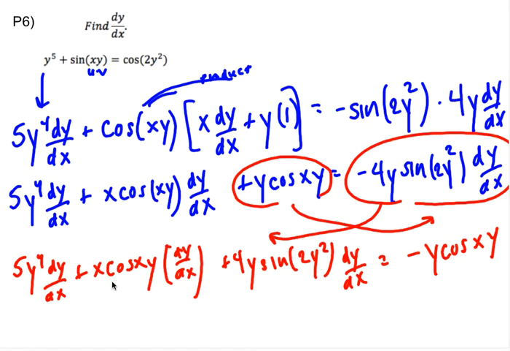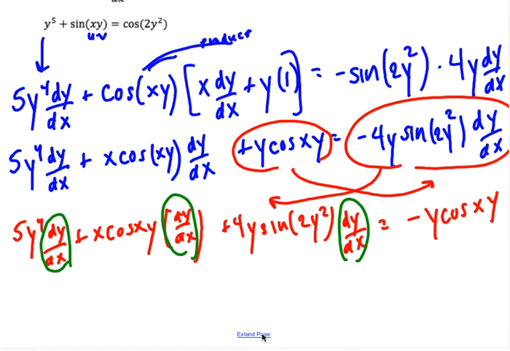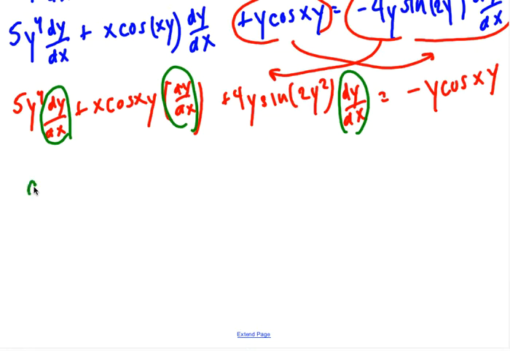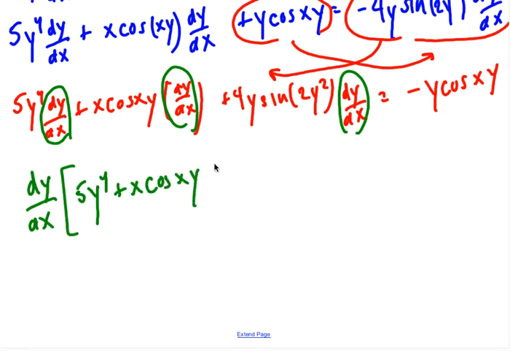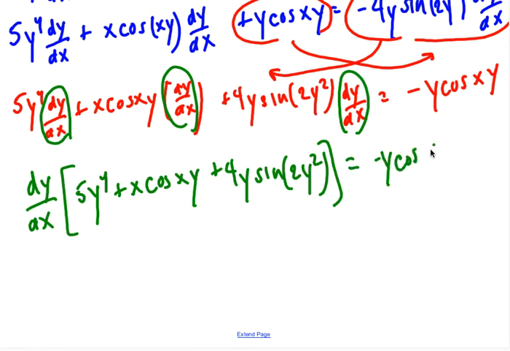So now I'm going to factor out this dy/dx, because there's a GCF of dy/dx in all of them, and I'm going to scroll down and get myself a little more room. When I factor out that dy/dx, I'm left with a 5y to the 4th plus an x cosine of xy plus a 4y sine of 2y squared, and that's going to equal negative y cosine of xy.